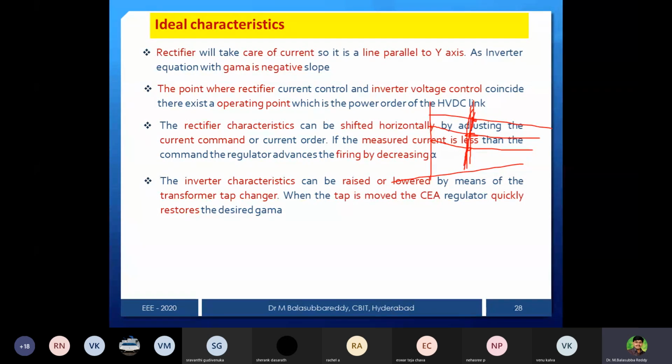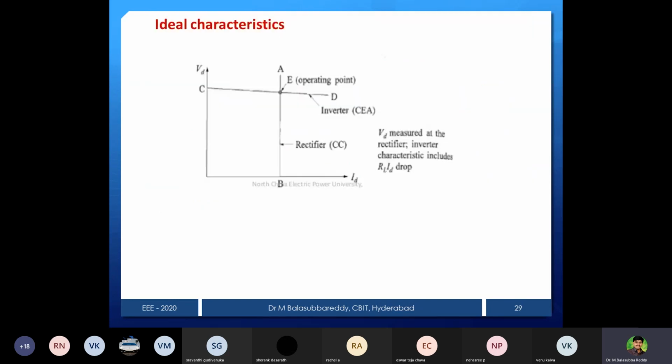When the tap is moved, the constant extinction angle regulator quickly restores the desired gamma, and we change the tap in such a way that gamma is kept at the desired value at a faster rate. As a result, the DC current changes, and the current regulation of the rectifier quickly restores it. So if anything happens, you have to restore the system by changing the control rapidly.